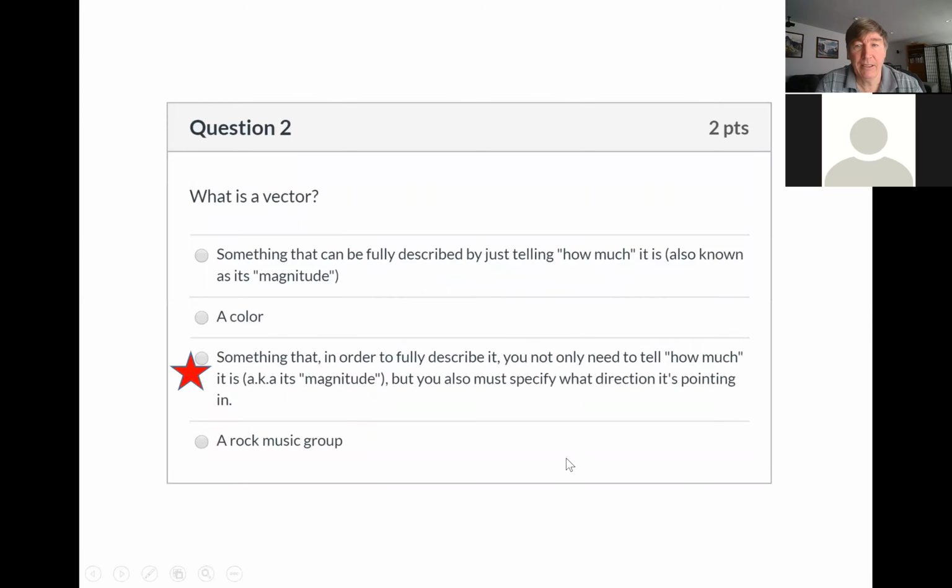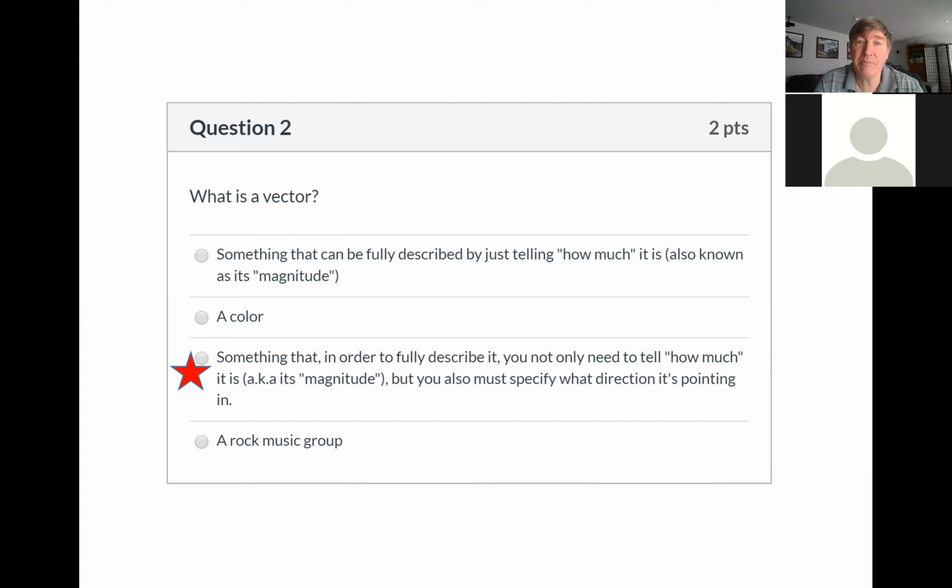All right. So what is a vector? Well, it's something where in order to completely describe what it is, not only do you have to tell what the value of it is or the magnitude, the number part, but you also have to tell what direction it's pointing. Forces are the best example of vectors.